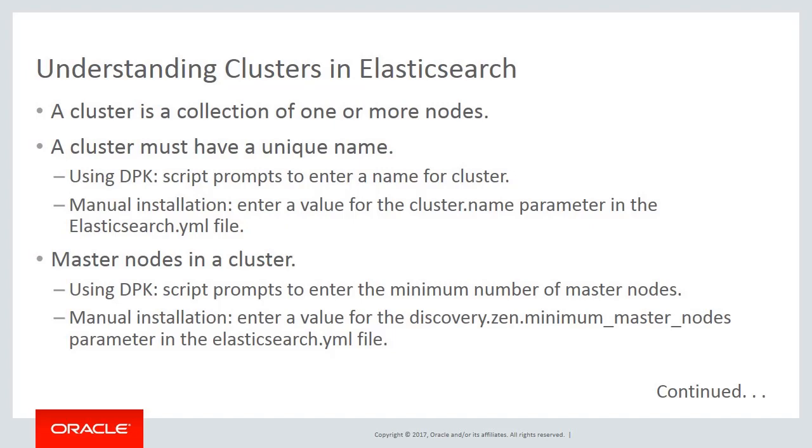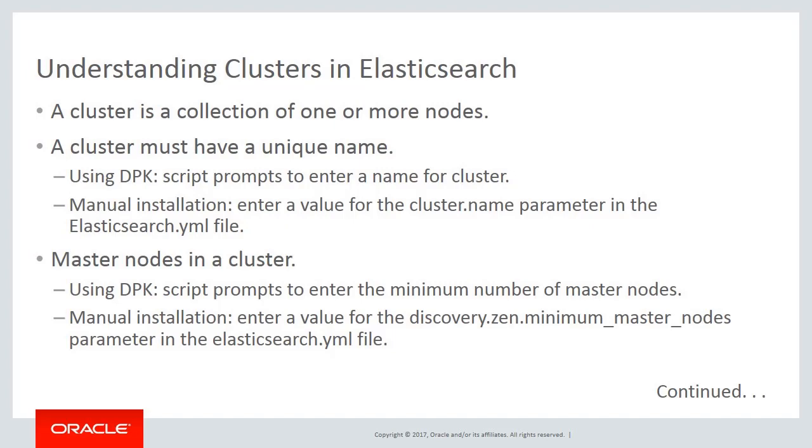Cluster name must be unique. The cluster name is important because a node can only be part of a cluster if the node is set up to join the cluster by its name. Make sure that you don't reuse the same cluster names in different environments, otherwise you might end up with nodes joining the wrong cluster. For example, you could use logging dev, logging stage, and logging prod for the development, staging, and production clusters.